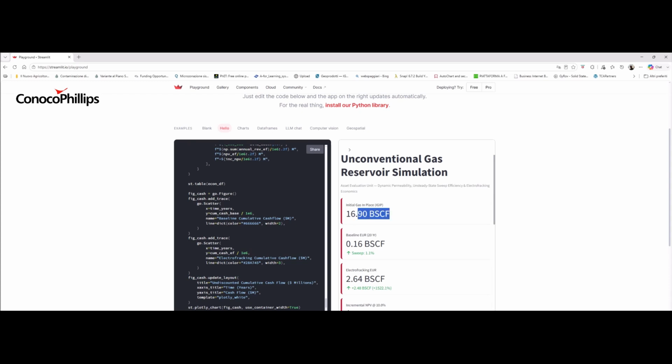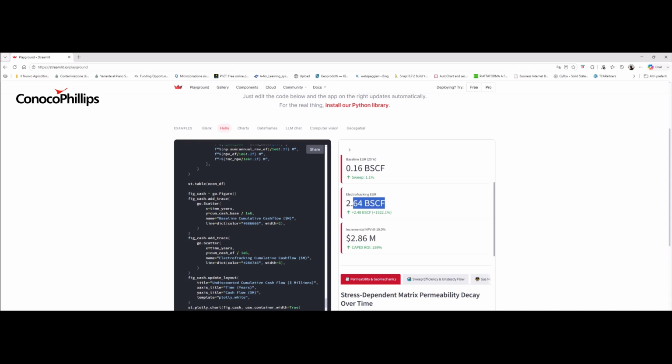We have the initial evaluation of gas in place, the baseline, and the effects of applying the electrofracturing technique. We can have a stimulation of production, an increase of 2.5% of barrels, and an increase of 1,500% of production in this unconventional oil and gas.